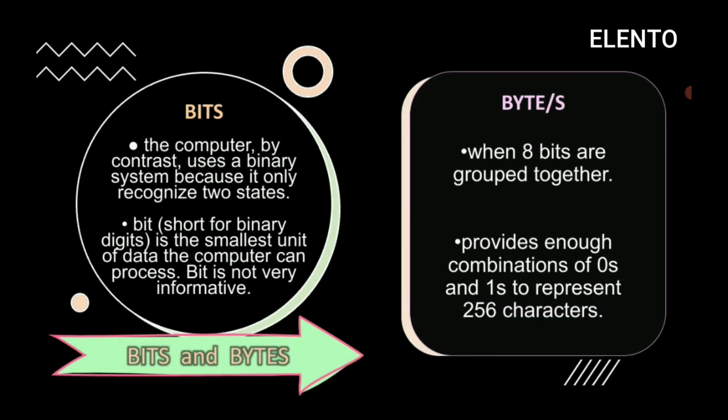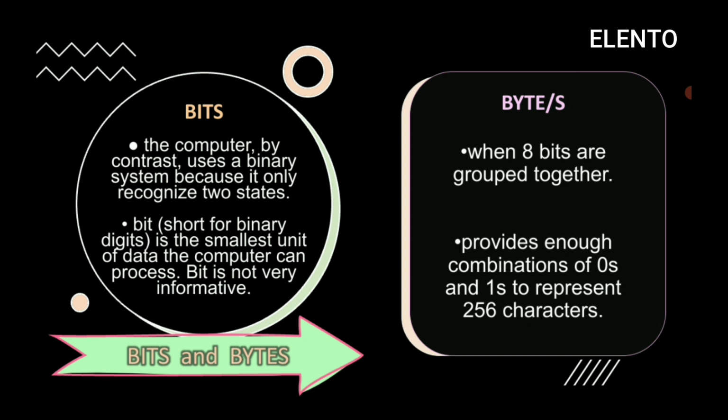Bits and bytes. Sa binary, when people count, they use the 10 digits in the decimal system, which is 0 to 9. So, halos lahat naman tayo ay may idea kung paano magbilang using decimal system since natutunan naman yan sa comprog natin. So, binary system is a system that has just two unique digits, 0 and 1, which are called bits.